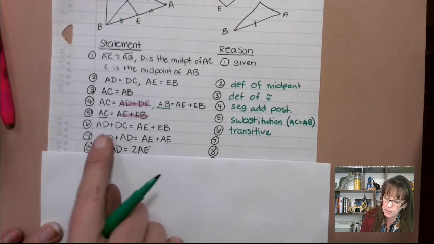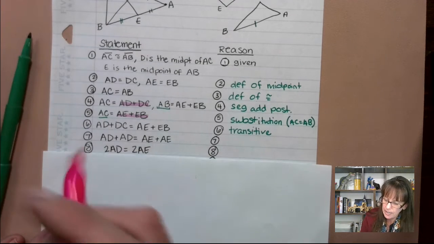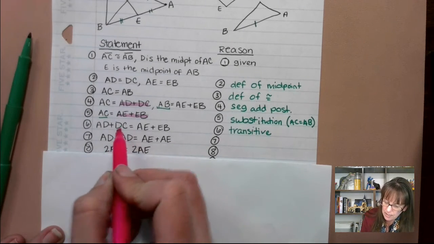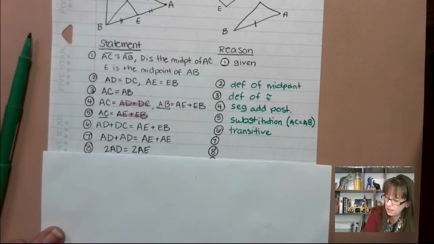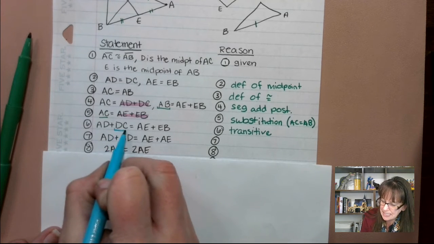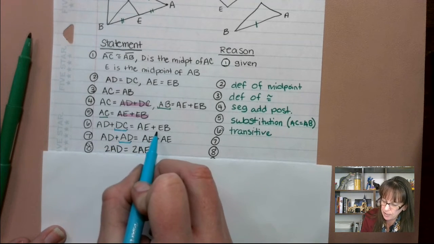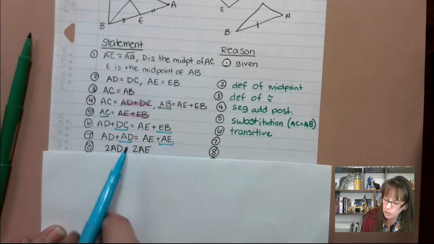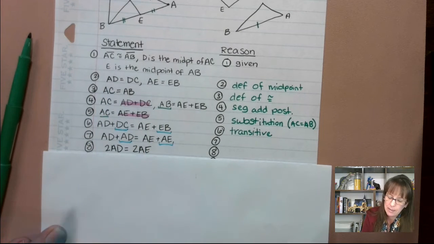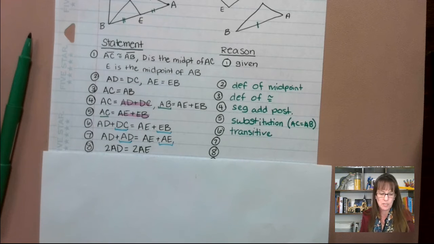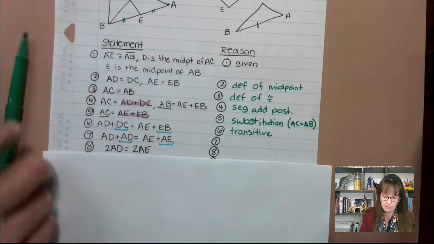We are substituting in, sorry, got to pay attention here. AD, DC. You'll see that we are, let's use a different color. So we took DC and we swapped it out with AD, and we took EB and swapped it out with AE, and we're allowed to do that because way back up here we said, hey, those two things are equal, so we can swap those out. That is called substitution.